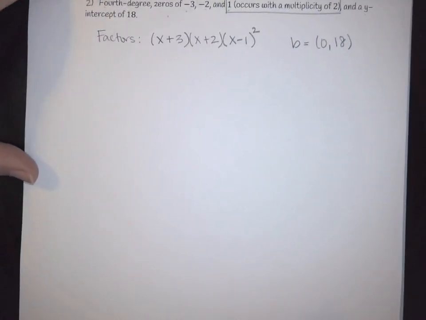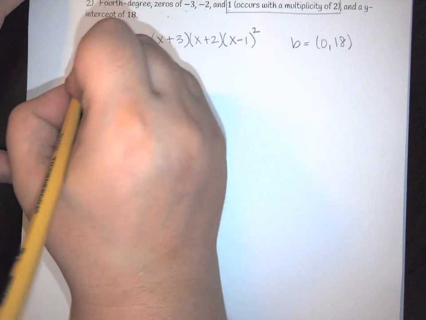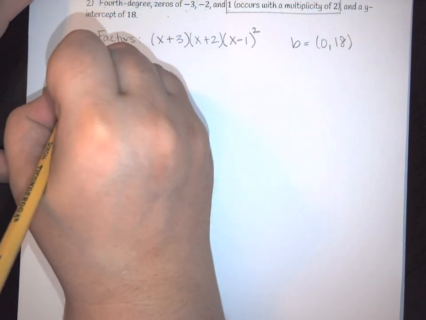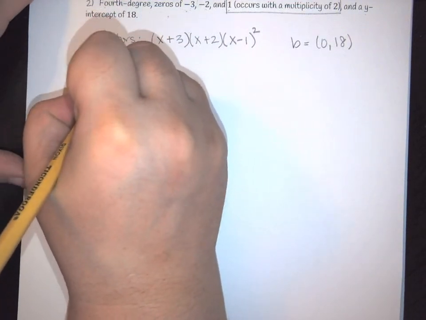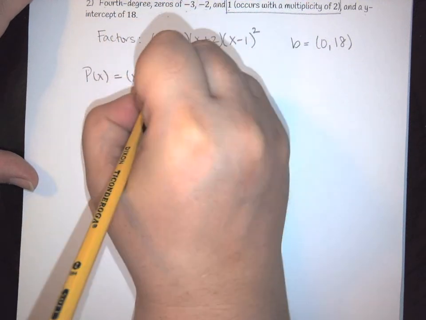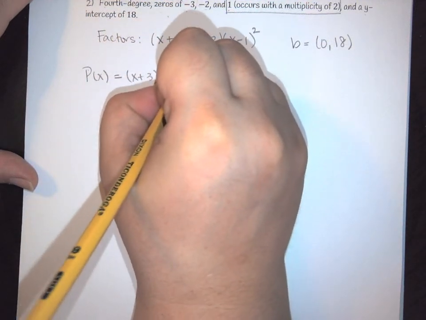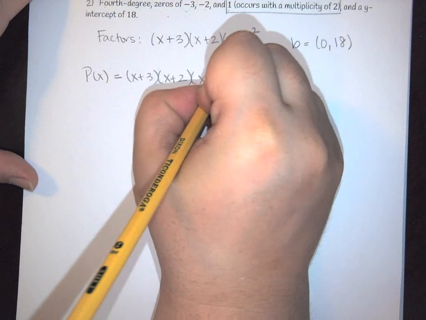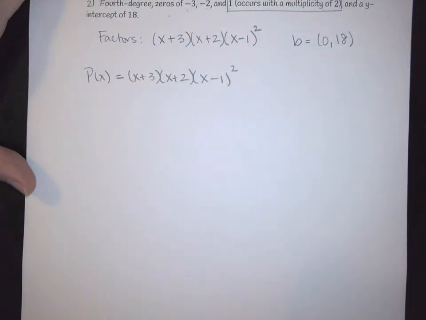Alright, so first and foremost, I need to use my factors to find p of x. So I know that p of x is going to be x plus 3 times x plus 2 times x minus 1 squared. Again, you're going to multiply them all together in whatever order you choose.